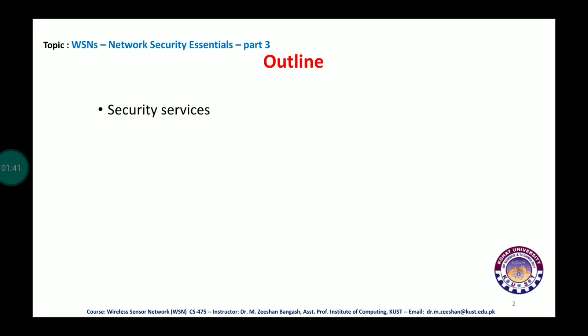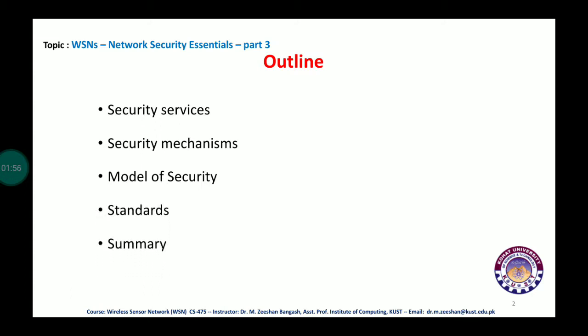Today we will be discussing some security services and some security mechanisms, then some security models, and at the end we will discuss some standards of security, and we will try to conclude our topic of network security essentials for wireless sensor networks in today's session.